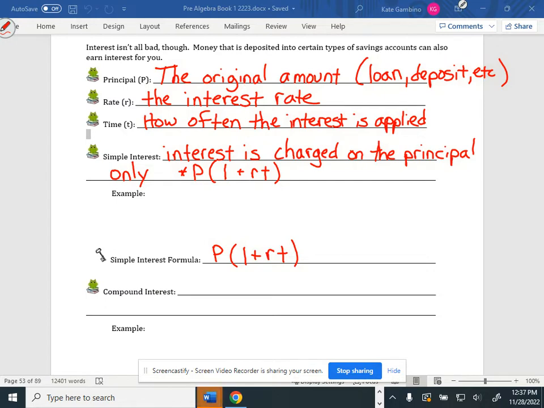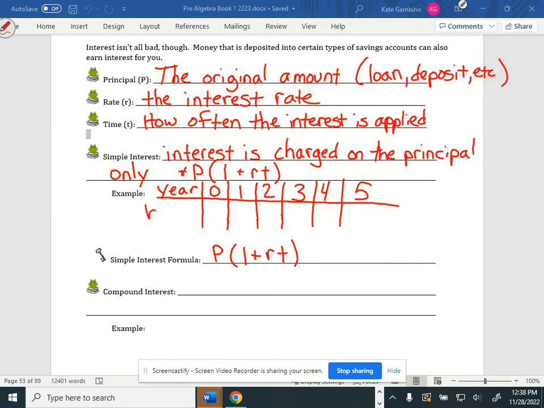So we're going to look at an example of this. So let's say we're going to make a little table. We have the year. So maybe the year 0 is the first, your original. The first time you put the deposit in, the first loan that you take. Then we have year 1, year 2, year 3, 4, and 5.